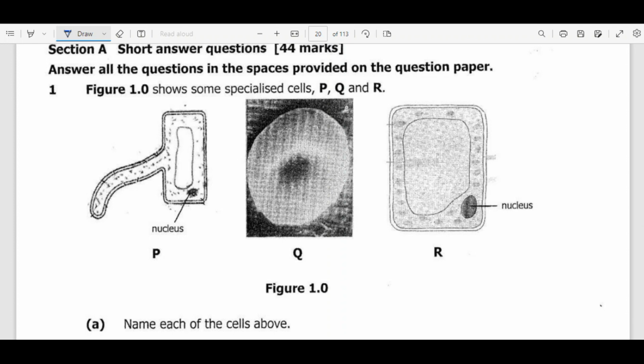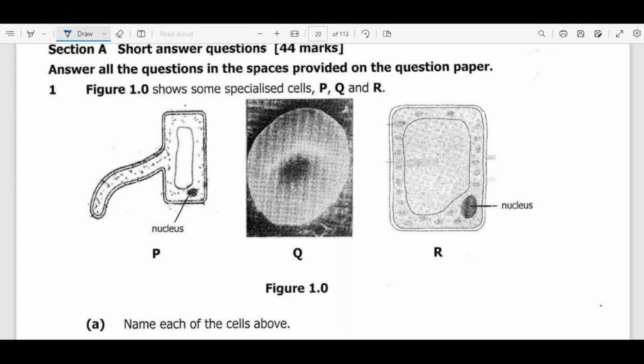And then Q, which is also very familiar. This is a red blood cell. And then we have R, the parasite cell. When you look at it closely, you'll find that this is a parasite cell.